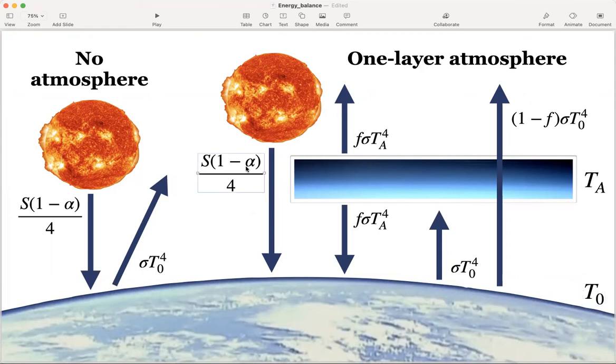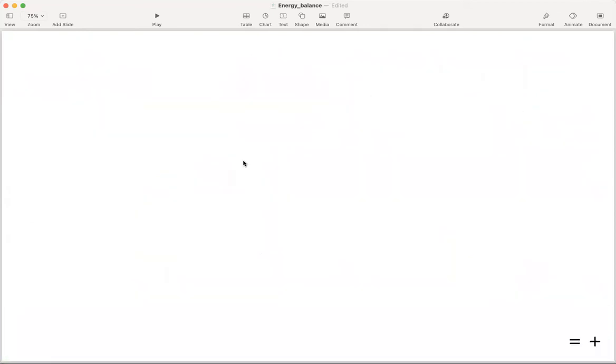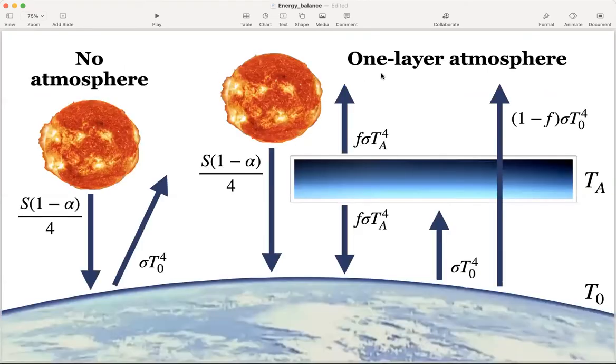So total in, incoming solar radiation, is equal to the total lost to space, which you can see is the total radiated upwards by the atmosphere plus the total that passes through the atmosphere. So both of these together, the total lost to space, has to be equal to the total coming in.